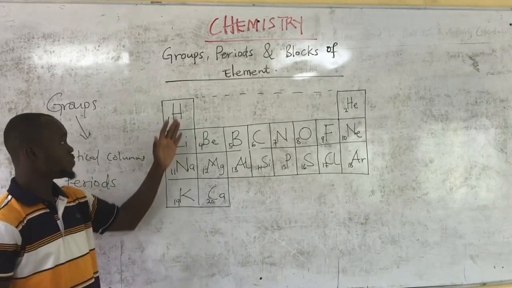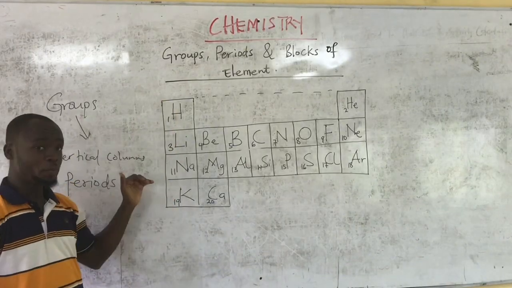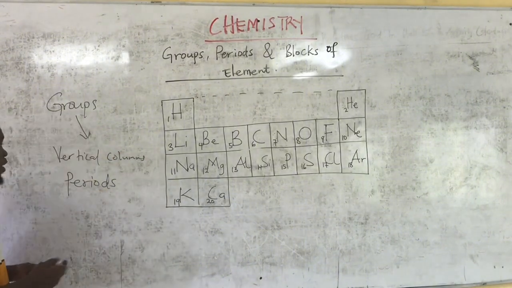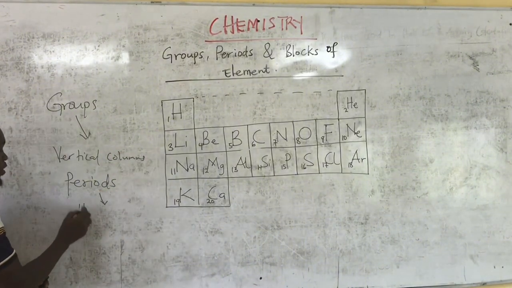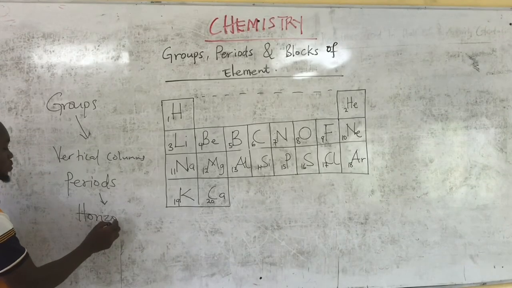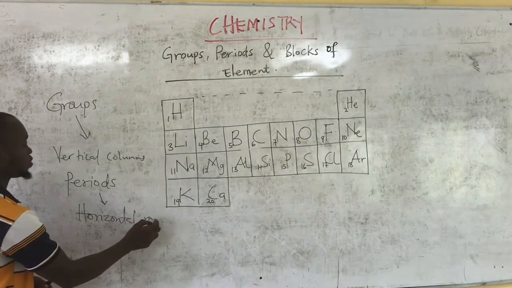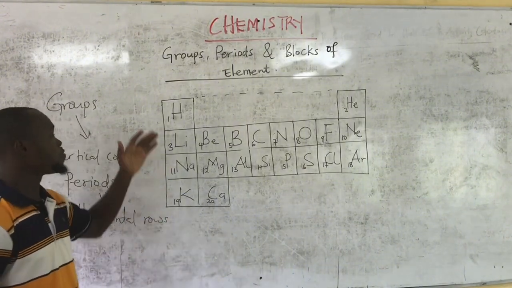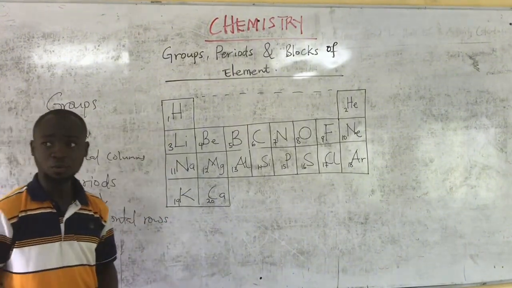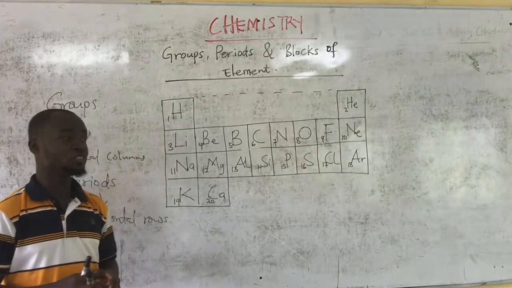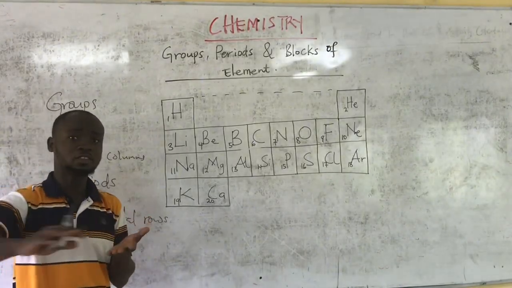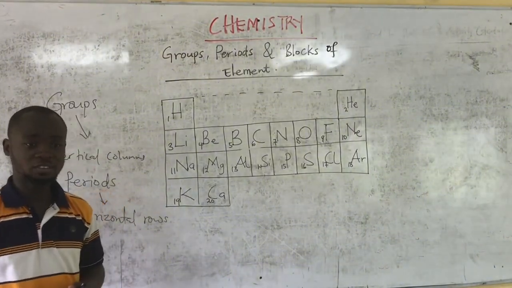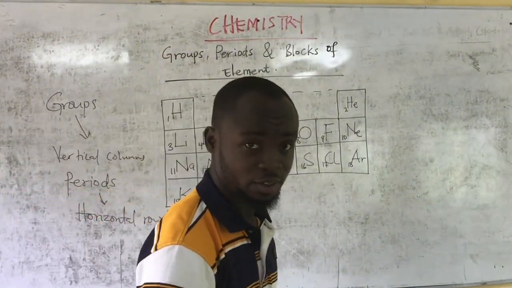While the vertical column indicates the group, the horizontal row represents the period. For groups, we're talking about the vertical arrangement of elements on the periodic table, and for periods, we're talking about the horizontal rows. The horizontal rows on the periodic table indicate the periods of the elements. Is that okay?